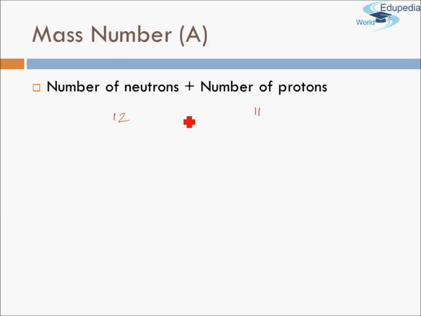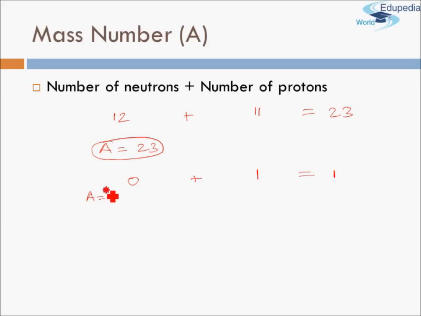So total number of neutrons plus protons is 12 plus 11, that is 23. So value of A or mass number for sodium atom is 23. Alright, and similarly for hydrogen, number of protons is 1 and number of neutrons is 0. Alright, so its mass number is 0 plus 1, that is 1. So for hydrogen A is equal to 1.